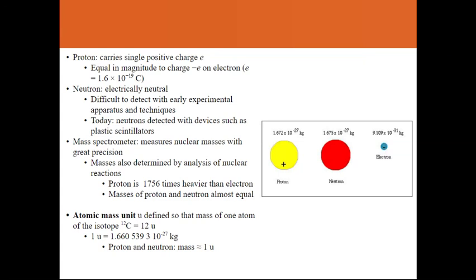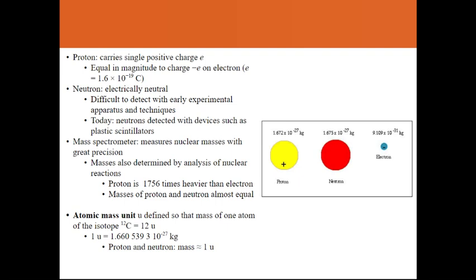It's just a tiny bit heavier, and heavier is relative because they don't really weigh that much. And neutrons, being neutral with no electric charge, were the last of the atomic particles to be found after the protons. I believe they were found in 1935.